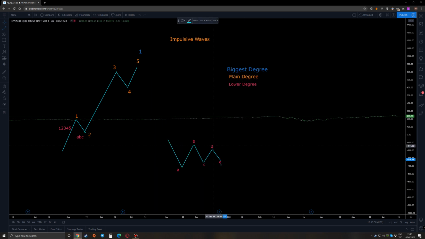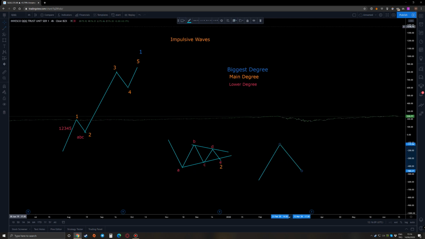This is what triangles usually look like. Can this be a second wave? No, it cannot. It can be what we call a flat, for example, something like this. This is what we call a flat. We have A, we have a B, and we have a C.